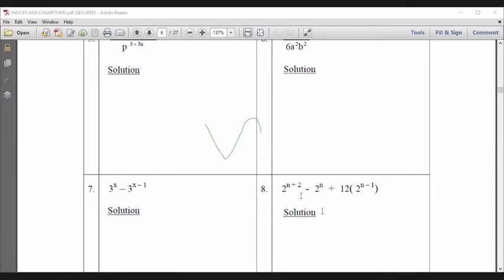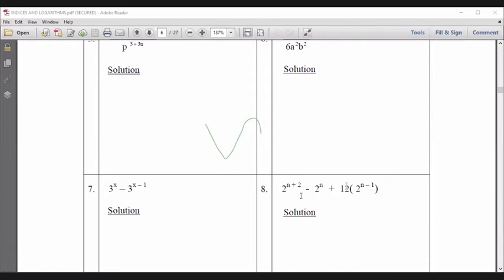What is 2 squared minus 1? It is 3. So the next step, plus 12 into 2 power n minus 1, rule number 2, is the same as 2 power n divided by 2 power 1. 2 power 1 is 2.